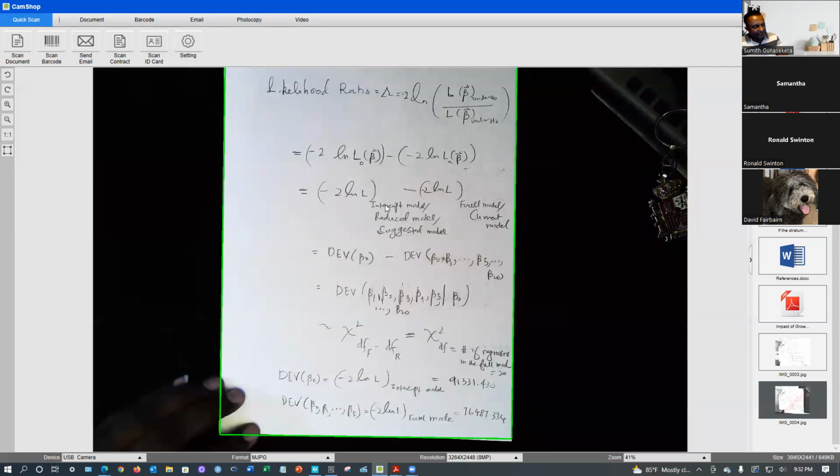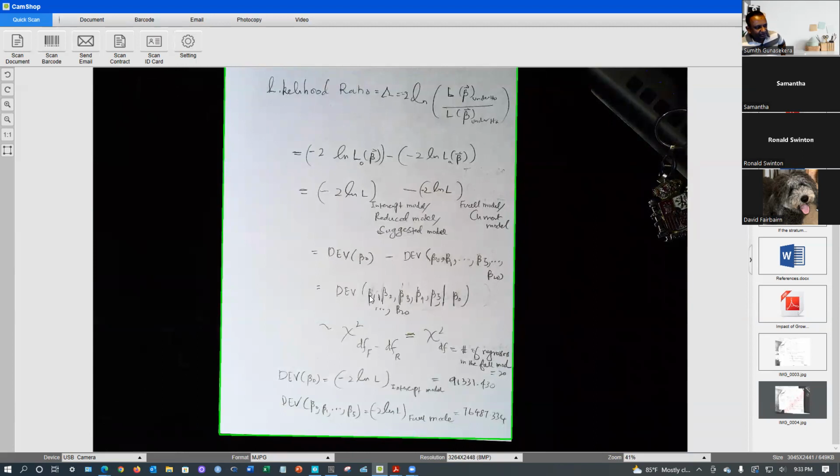This part is the deviance: the deviance when only beta naught is in the model, minus the deviance when all the data is in the model. That's another way to look at it.